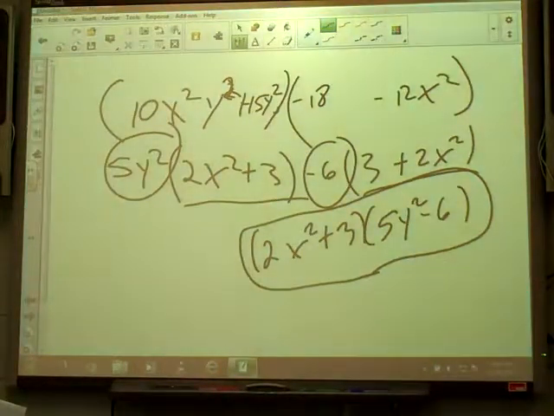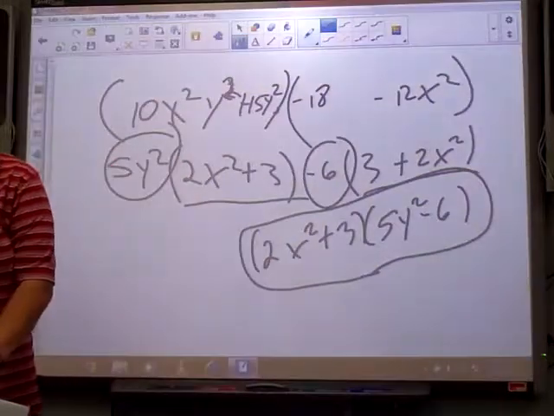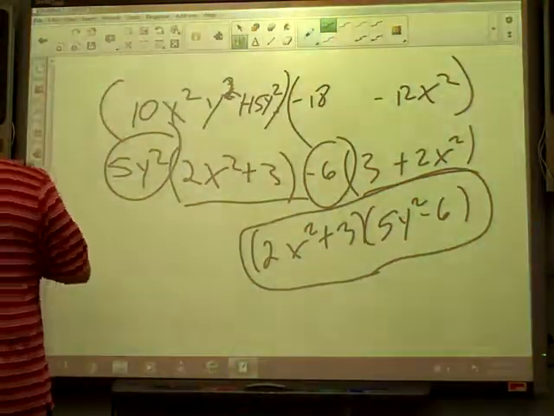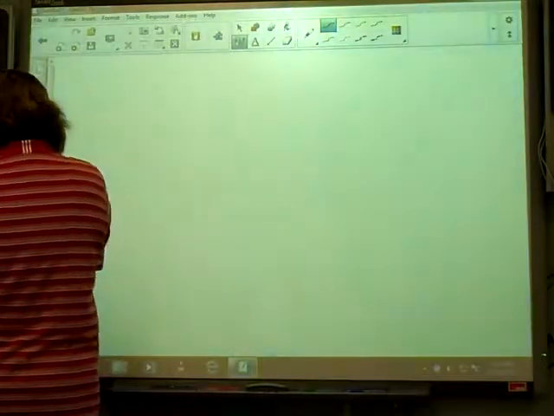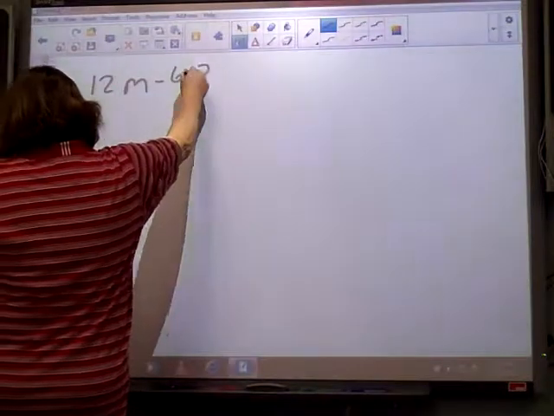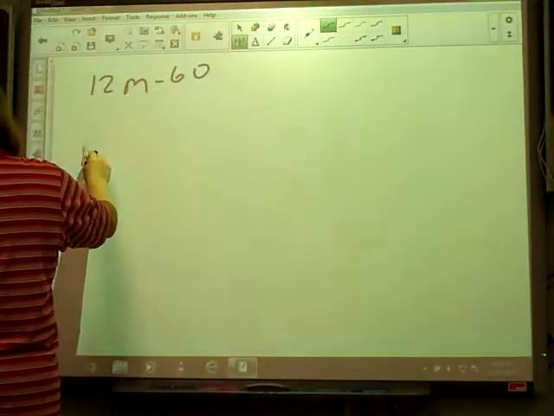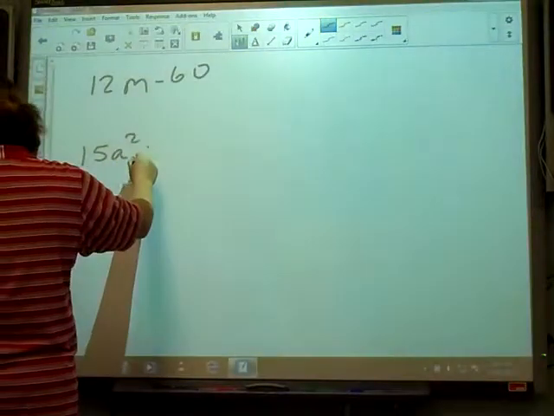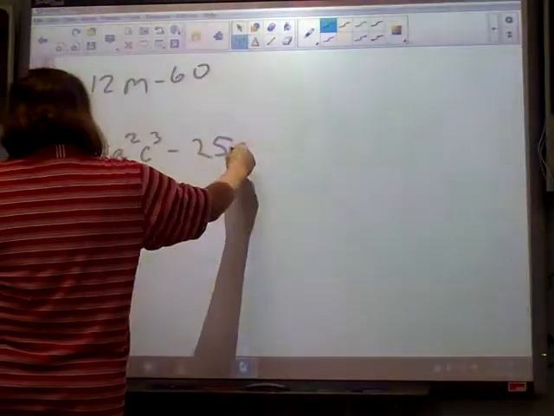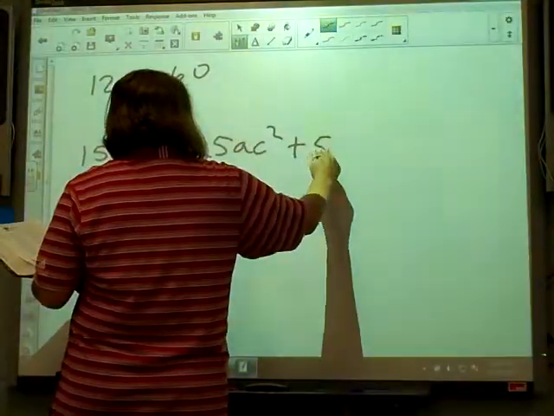Okay, we good? Alright, I'm going to give you a few to do on your own real quick. Start you back off with the easy ones, the binomial, and work our way back up. Number 1 says 12m minus 60. Number 2 says 15a squared c cubed minus 25ac squared plus 5ac.